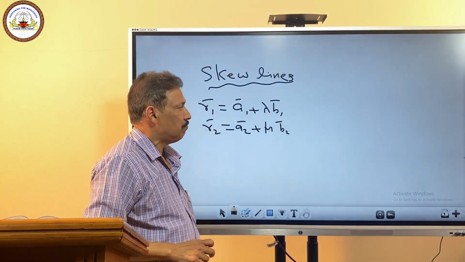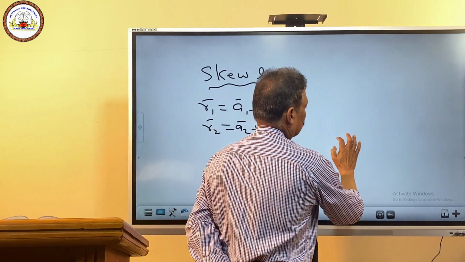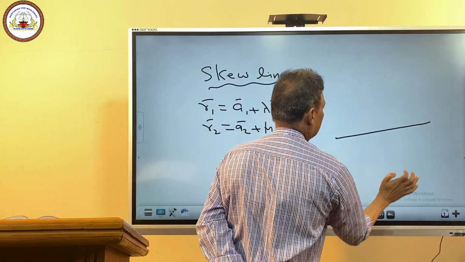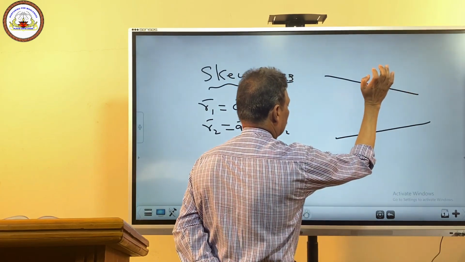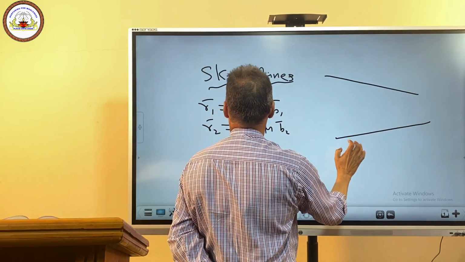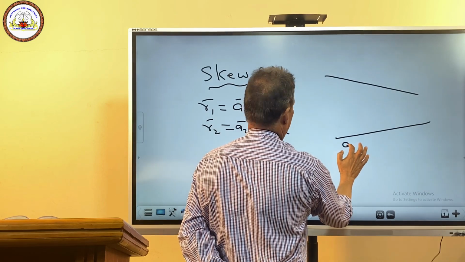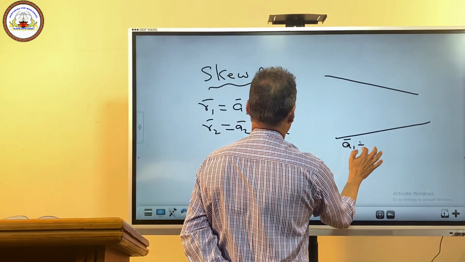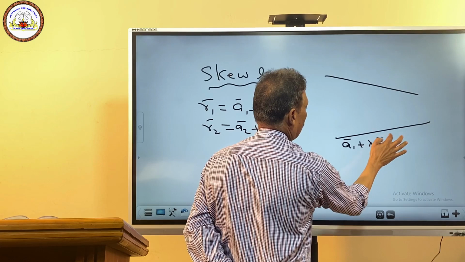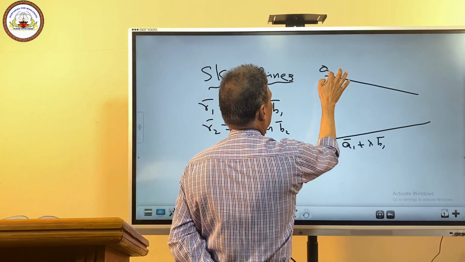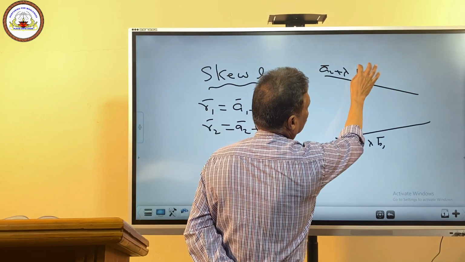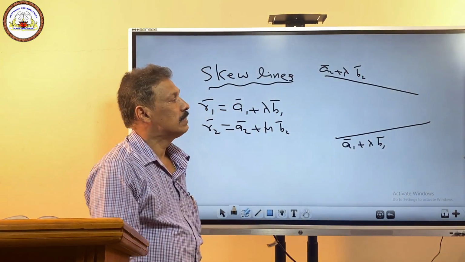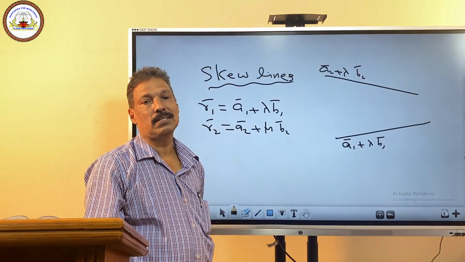First of all, we can derive the formula. This is the first line, A1 bar plus lambda B1 bar. This is the second line, A2 bar plus mu B2 bar. The distance between the skew lines means the shortest distance.